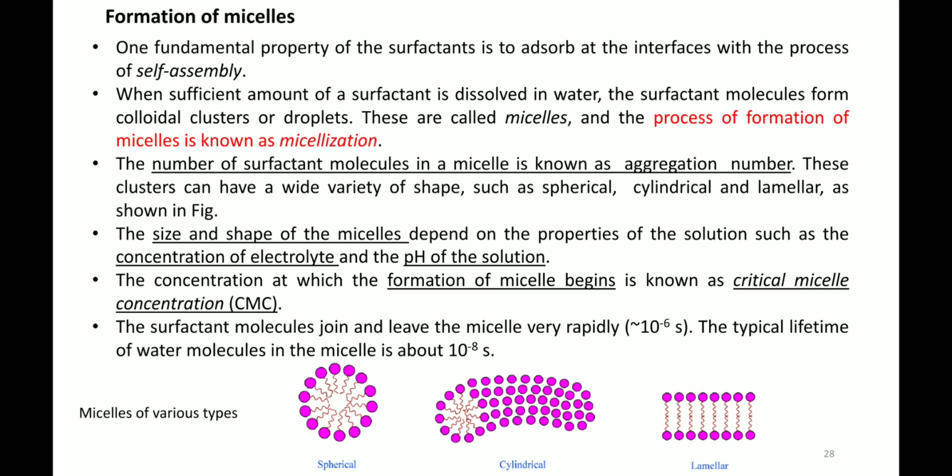For your imagination, we have shown the micelles of various types in the schematic image below, where you can see there is a spherical micelle, a cylindrical micelle, and a laminar micelle. So different types of micelles are possible to synthesize.